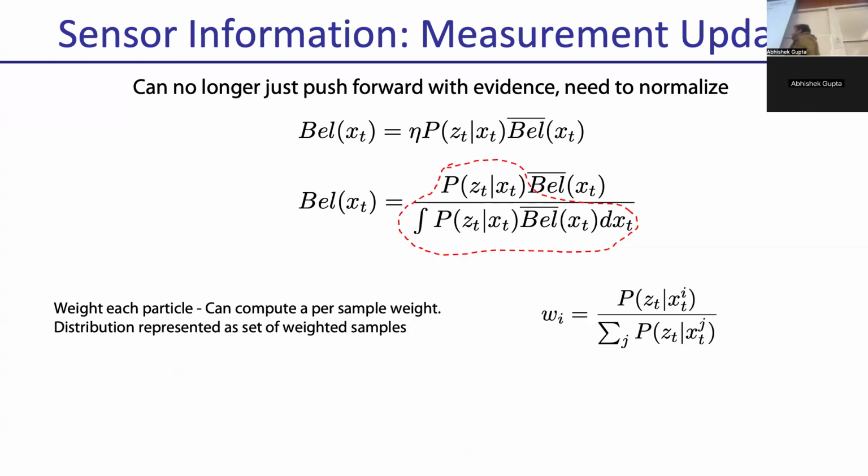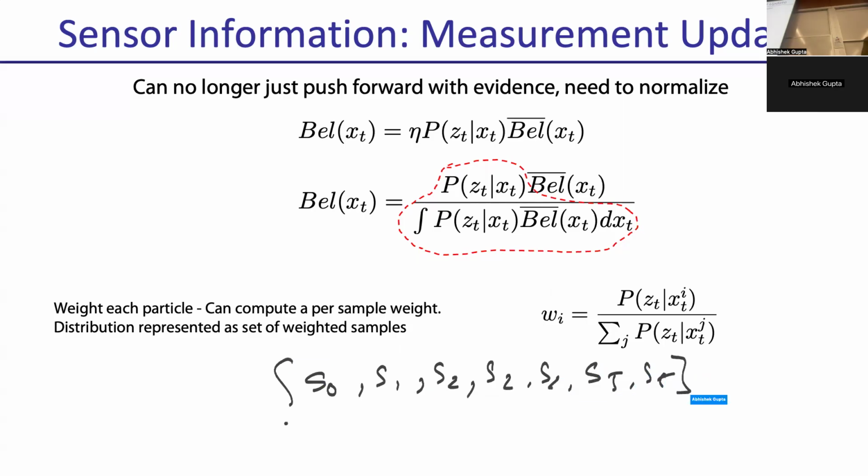Let's recap. We represent everything with a list of particles. We're going to add something to our data structure, which is a list of weights. The list of weights is going to be computed by, at every step, taking our measurement model. So imagine I had S0, S1, S2, S2, S2, S5, S5, something like that is our belief.